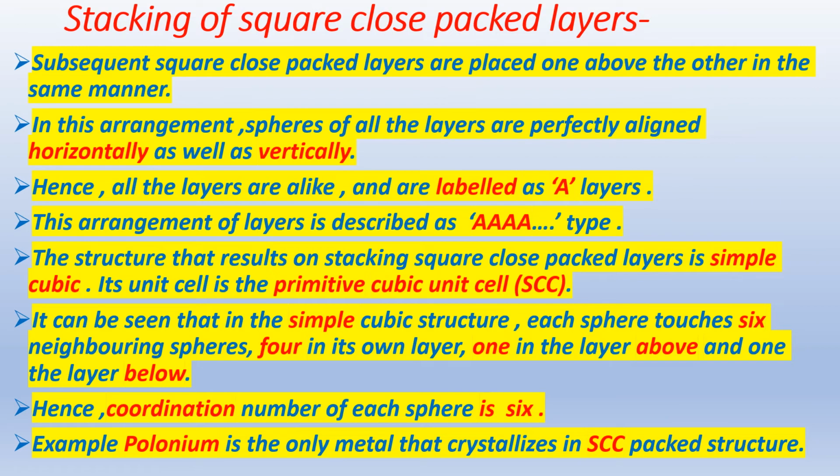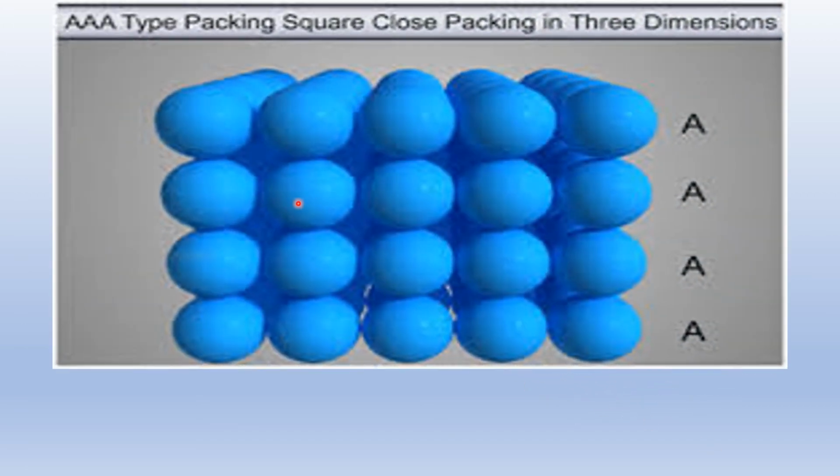Okay, next, in this diagram we have to observe the A type arrangement, and all these layers are arranged one over the other in the same manner in three dimensions, that is A layers, A layers, A layers, the simple packing of a three-dimensional structure one over the other.